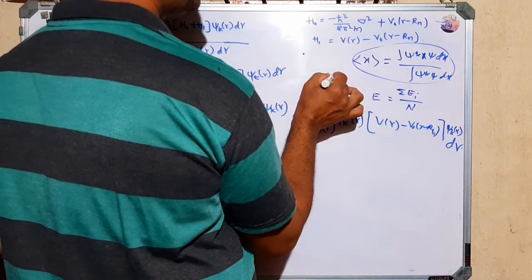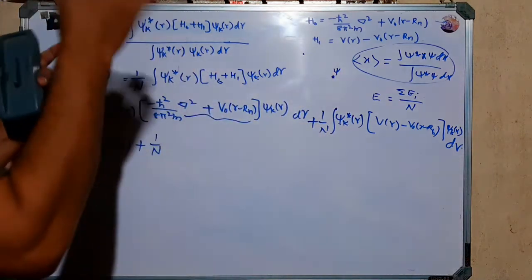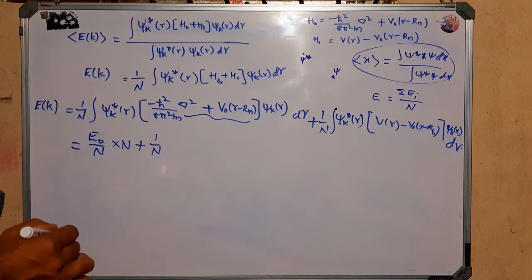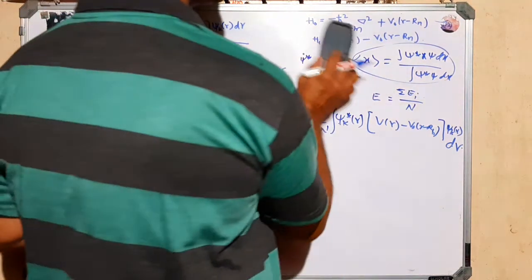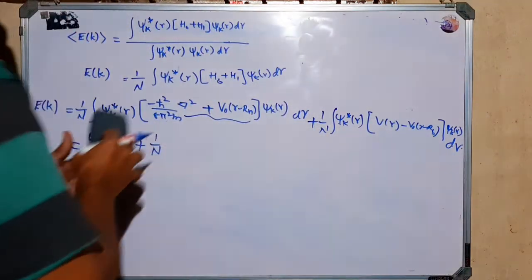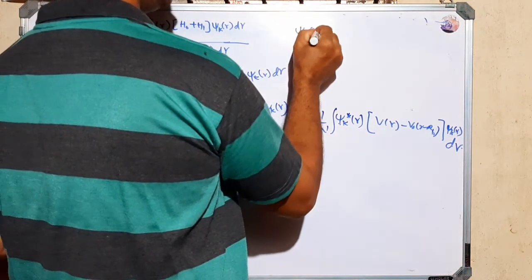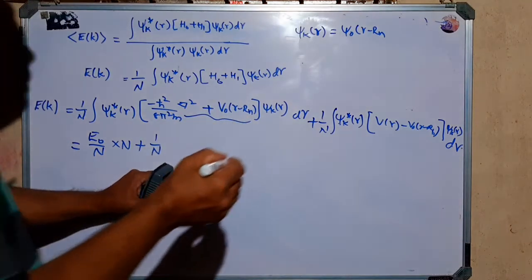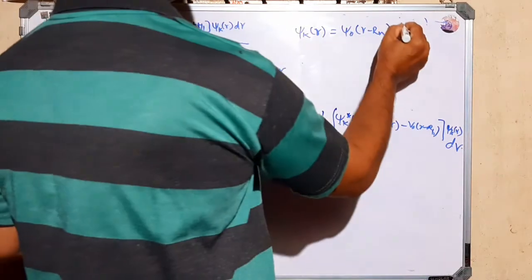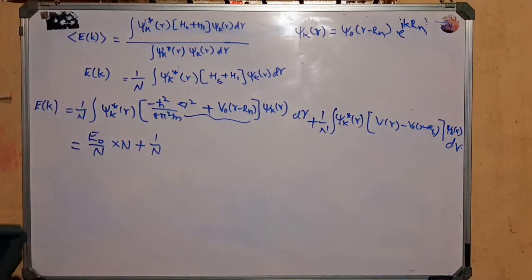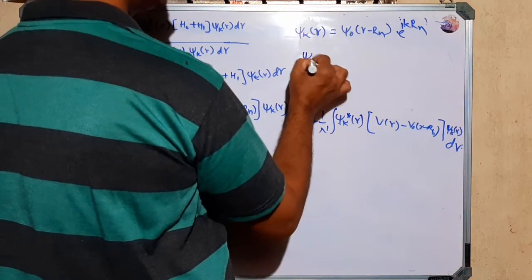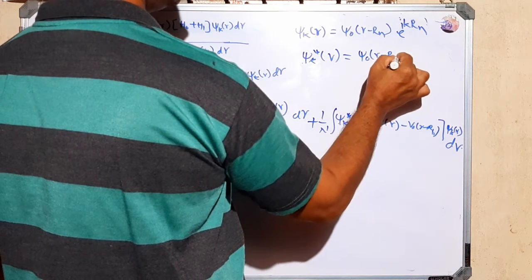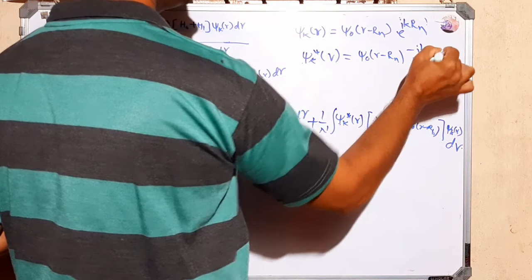If ξ is the wave function for one electron, there exists another electron whose wave function is the complex conjugate of this, that is ξ star. Therefore, if I write ξk(R) as ξ0(R minus Rn) times e to the power ik·Rn, then usually we expect ξk star(R) to be ξ0(R minus Rn) times e to the power minus ik·Rn.